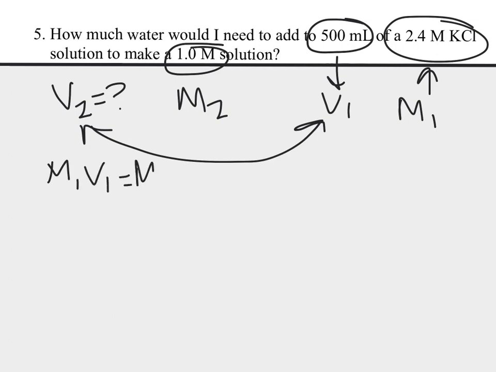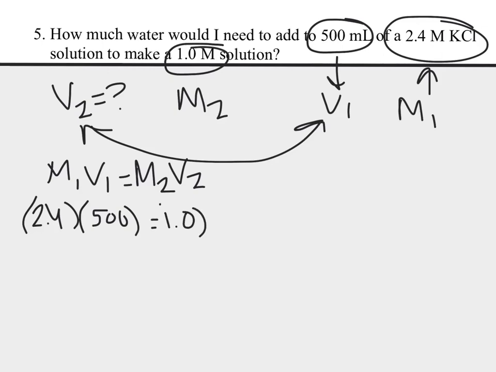M1V1 equals M2V2. Remember, when you add more liquid, it becomes more dilute. So let's plug in. M1 is 2.4. V1 is 500 milliliters. M2 we do not know. Or forgive me, we actually do know. Let me erase that. M2 is actually going to be a molarity of 1, but we don't know the volume. But we can solve for that really quick.